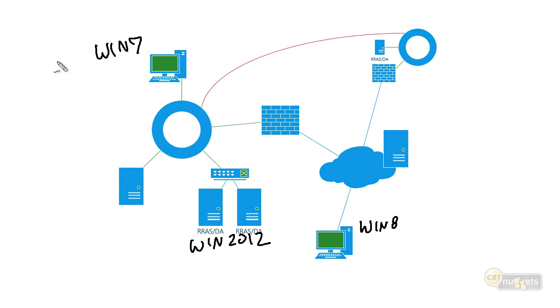They need the DirectAccess Connectivity Assistant, the DCA, version 2. And that's a free download, but it does have to be downloaded and installed if you want your Windows 7 DirectAccess clients to talk to a Windows Server 2012 DirectAccess server. DCA v2 should not be installed on Windows 8. It is not necessary, so do not install there. But that'll make sure that all of your clients are able to get in.